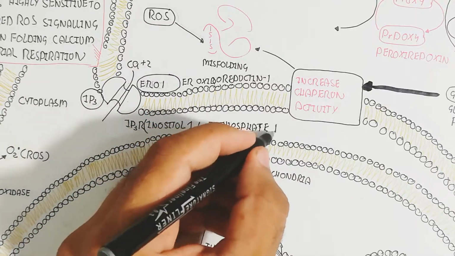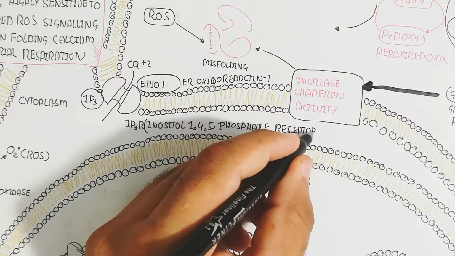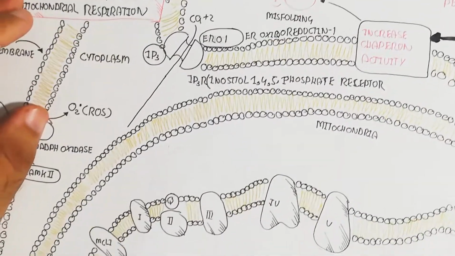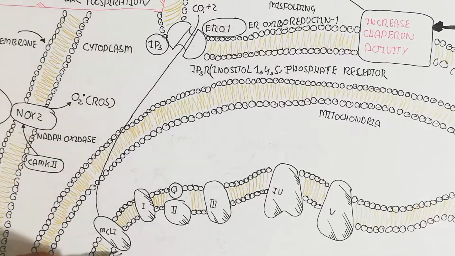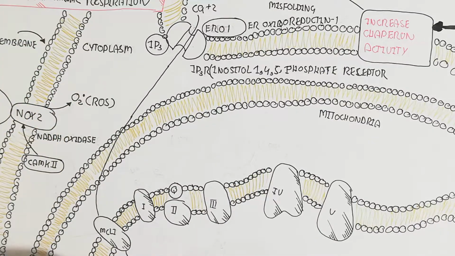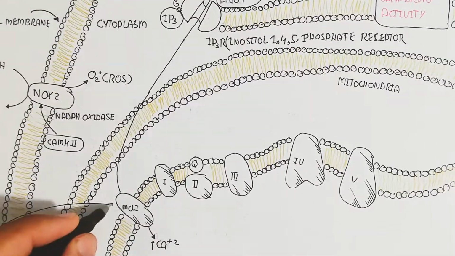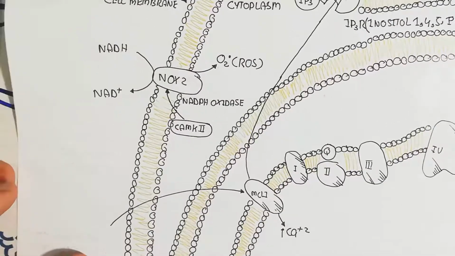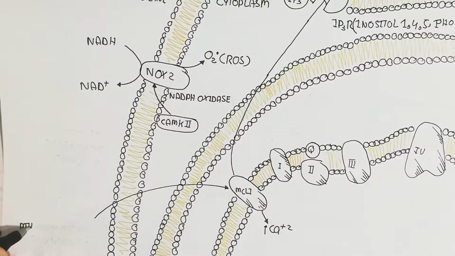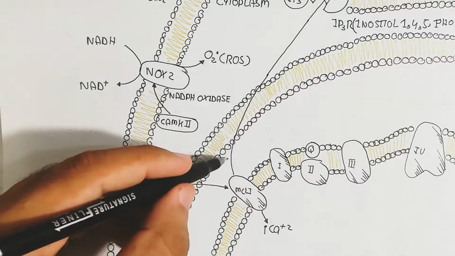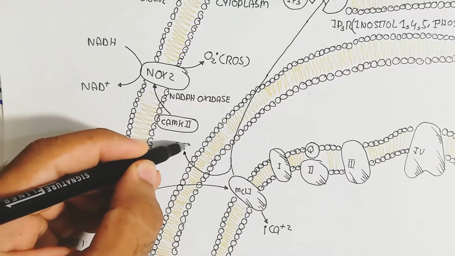So in this way the efflux of the calcium will occur, and the calcium goes into the mitochondria, through the mitochondrial calcium uniport channel, which requires the inner mitochondrial membrane for the influx of the calcium. That is why the inner mitochondrial matrix will increase the calcium.